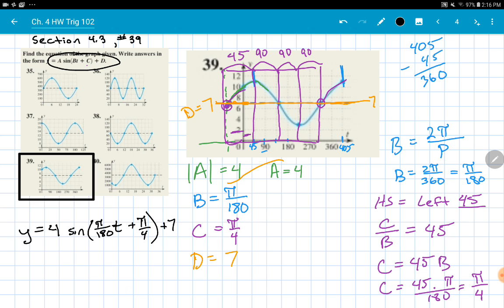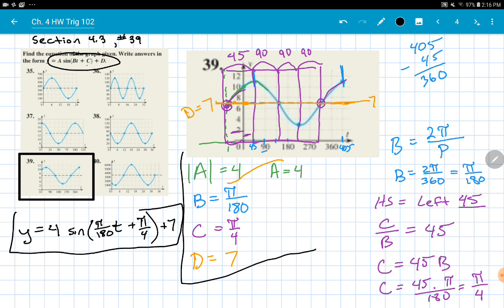C is positive because the shift is left. Yes, that looks good. Okay, so that is my final answer.